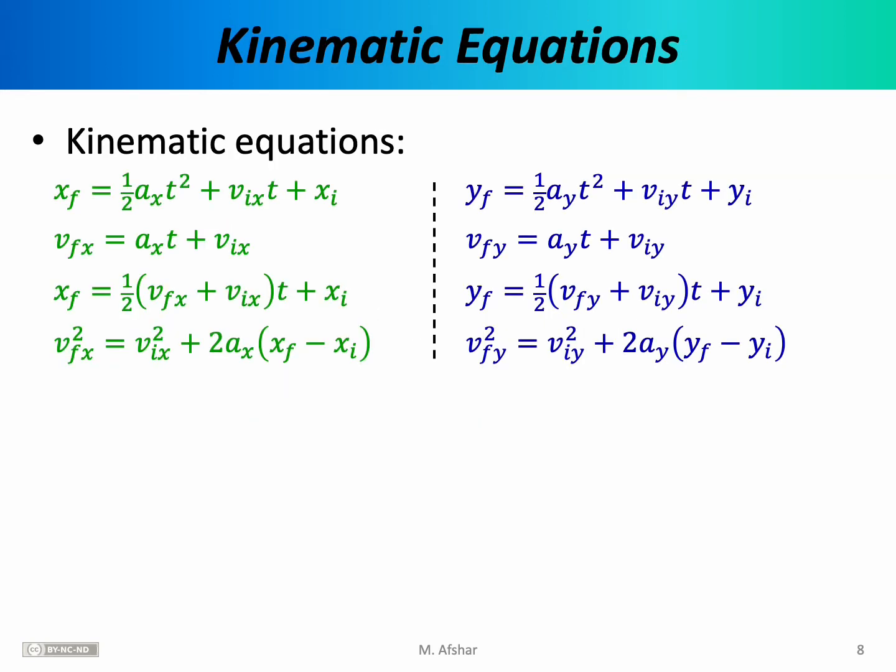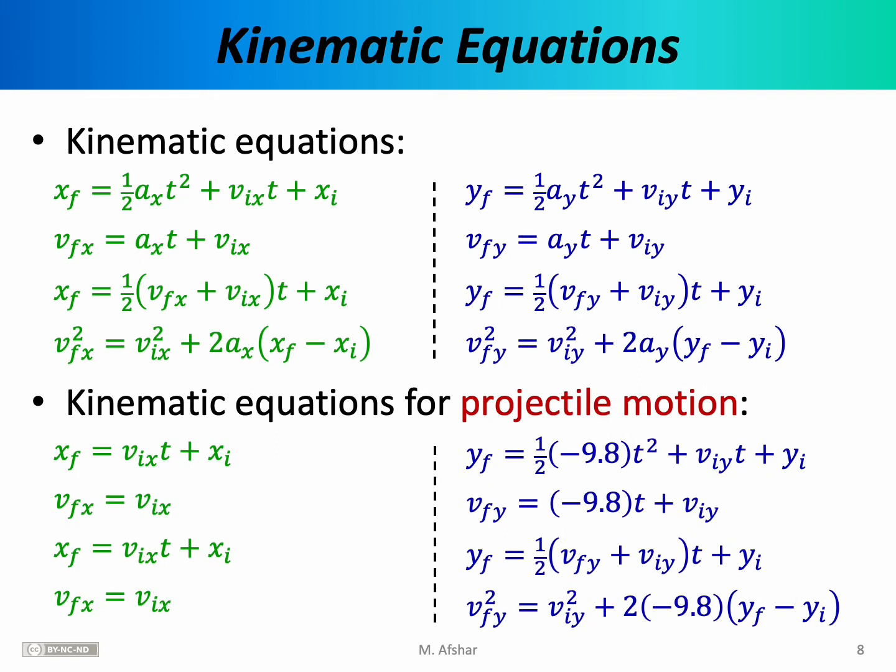Here, once again, are the kinematic equations in 2 dimensions. On the left, we have 4 equations that describe the x motion, whereas on the right, we have 4 equations that describe the y motion. Our goal is to specialize these 8 equations to specifically projectile motion.